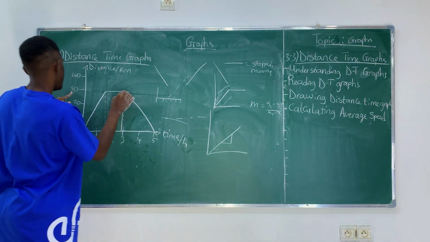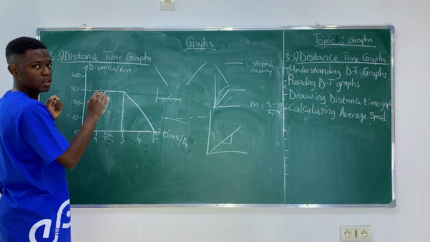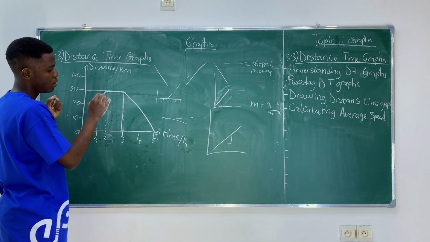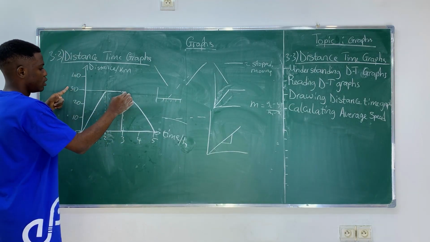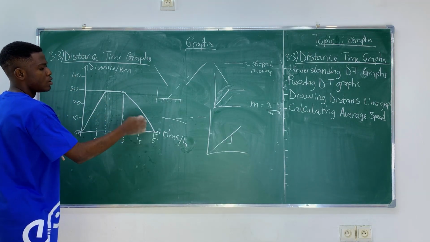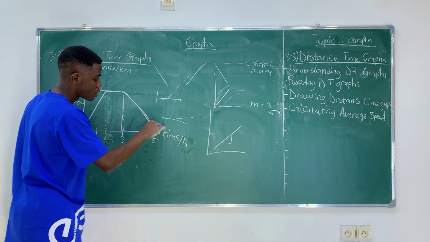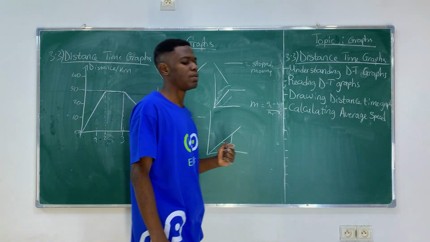See, here the car was at distance 30. From here to here, the distance goes from 30, 20, then 0. So the car is coming back to the origin from a far distance. So that's how you describe it.